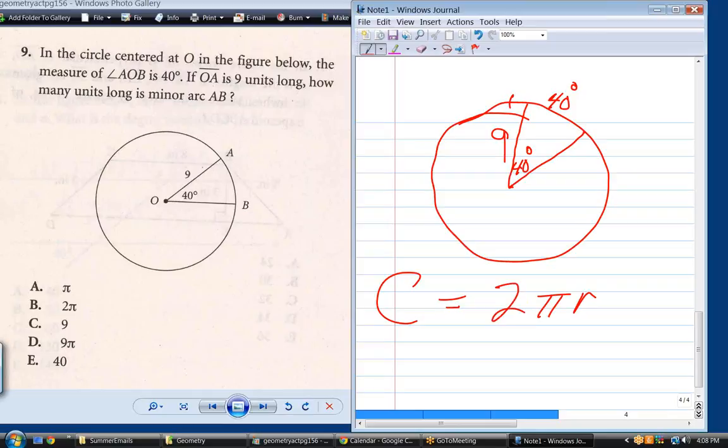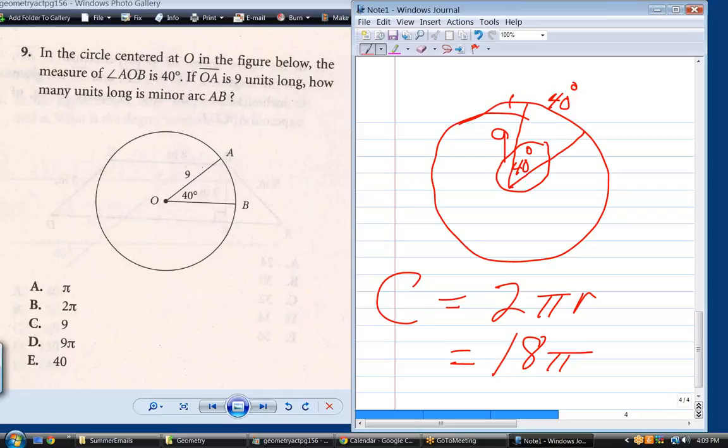Okay? So if my radius is 9, what's the length around the circumference? Well, no, we're not there yet. I'm just taking you through it step by step. The total circumference is going to be 18 pi, right? Okay. Well, this represents a part of the circumference. What part?